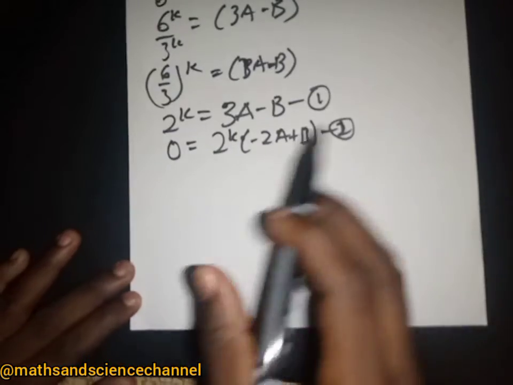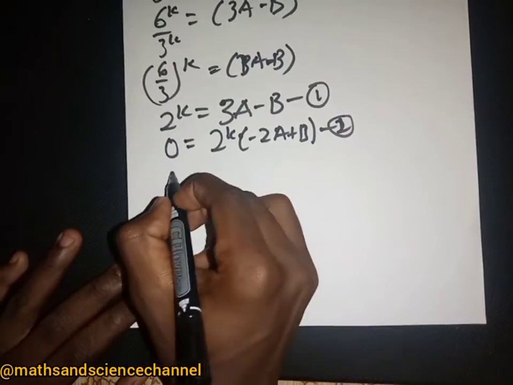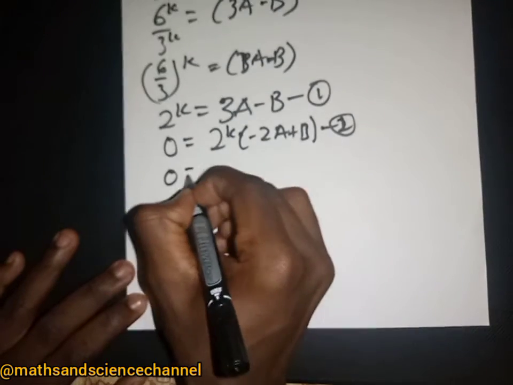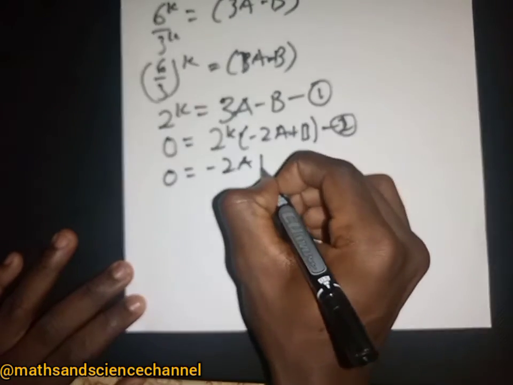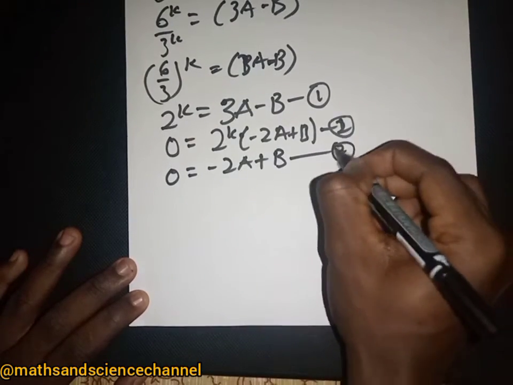Okay, so from here now let's write equation 2. When we send the 2^k down here, we are only left with 0 being equal to negative 2A plus B. So let's call this one equation 2.